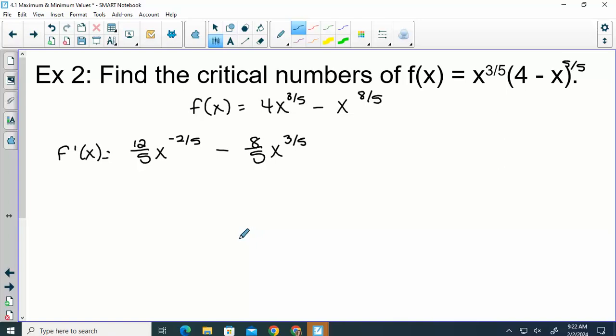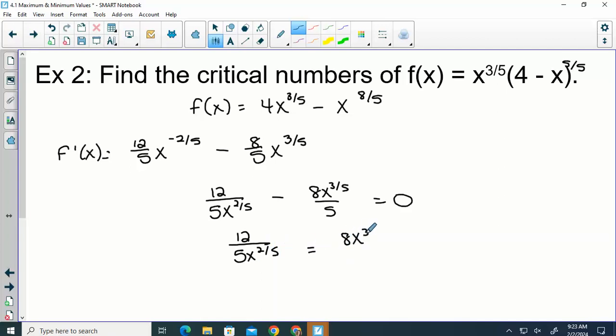So we need to find critical numbers anywhere this is 0 or undefined. Okay. Different options for doing that. What does a negative exponent mean? So if I set this equal to 0, what would you do?